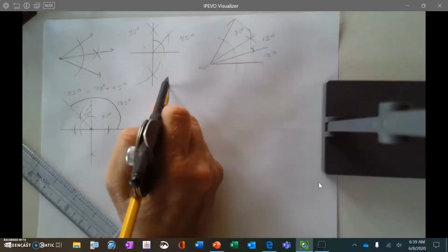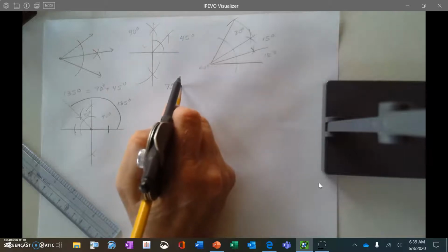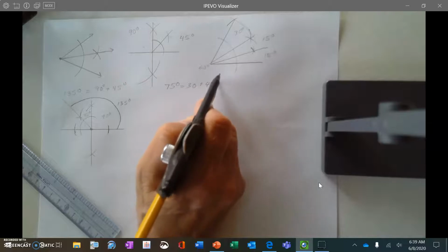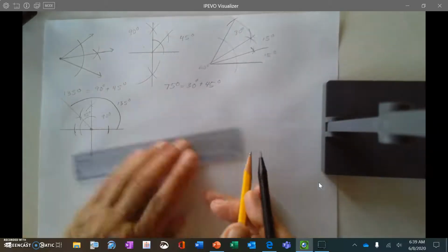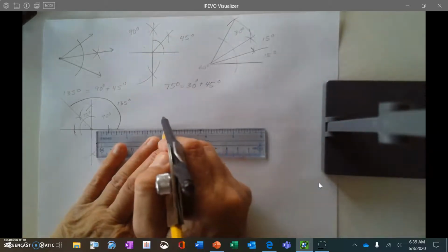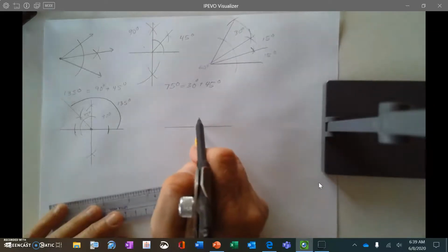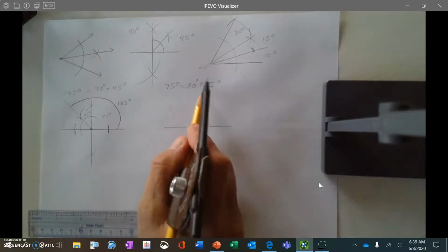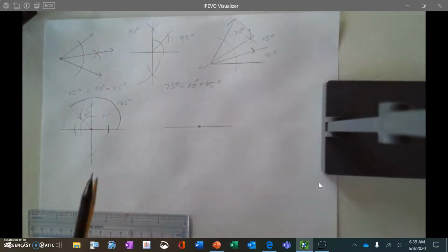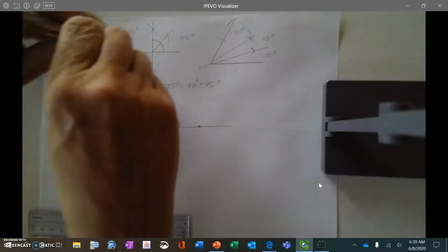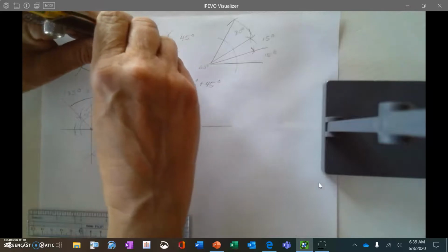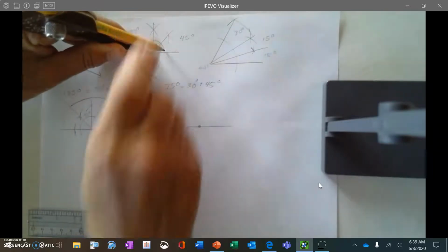I can also do a 75-degree angle if I think of it as a 30 plus a 45. So I'll start again with a straight line here. I'll put a point somewhere on it. Okay, this time I'm going to be lazy, and I'm going to just copy these angles up above. So I make a 45-degree angle, which I've already done, and I already put an arc through it when I created it.